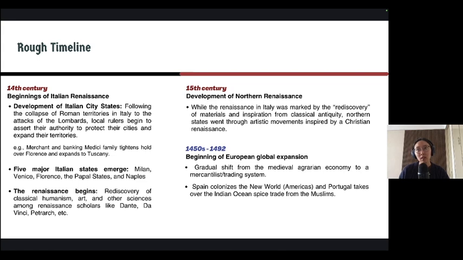So, we'll see who those are later. But for now, it's important to note that the Italian Renaissance tended to be more secular. And then the Northern Renaissance really started developing religious themes as part of the wider.